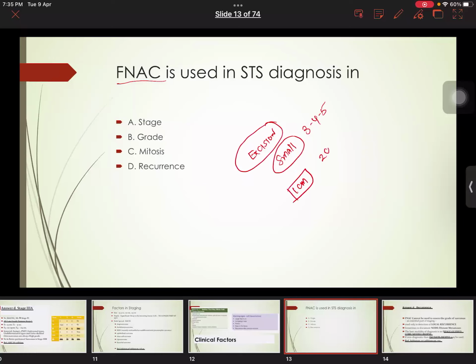There are some for which a margin of 2 centimeters will be preferred, for example DFSP, at least 2 centimeters. Some will say even 3 centimeters is needed for a DFSP, but at least 2 centimeters should be given. In general, grossly, you should have a margin of 1 centimeter.